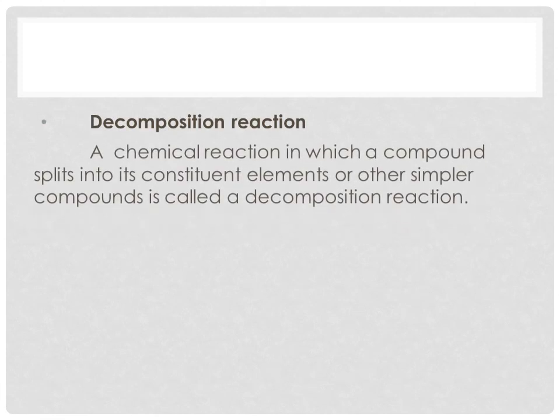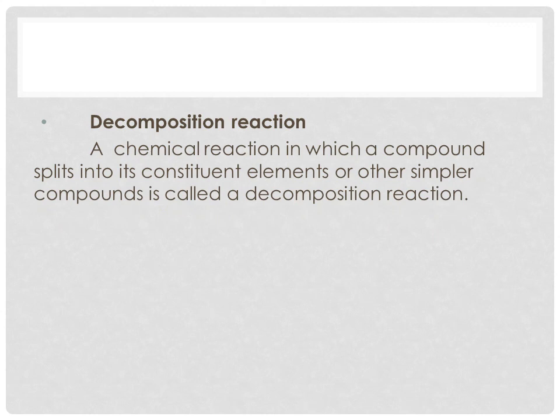Next type of reaction is decomposition reaction. A chemical reaction in which a compound splits into its constituent elements or other simple compounds is called a decomposition reaction. A chemical reaction in which a single reactant splits into its constituent elements or into other compounds is known as a decomposition reaction.